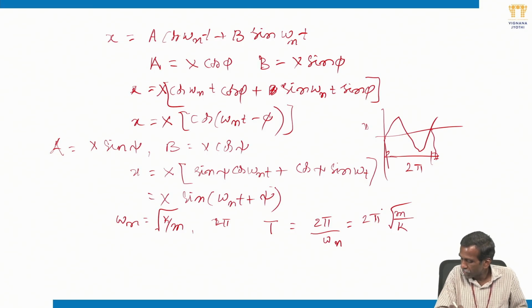This omega n is called the circular natural frequency.